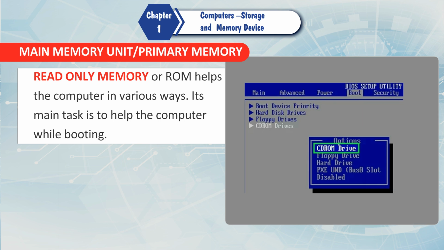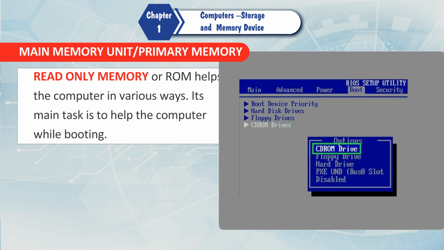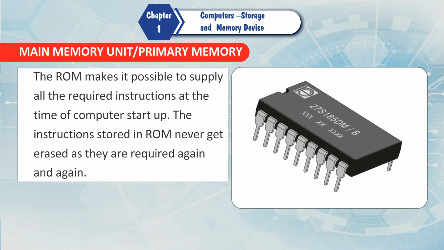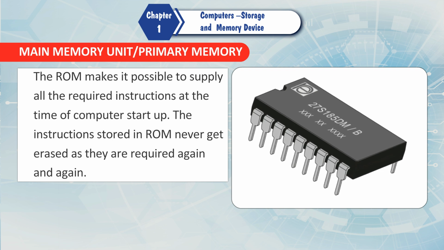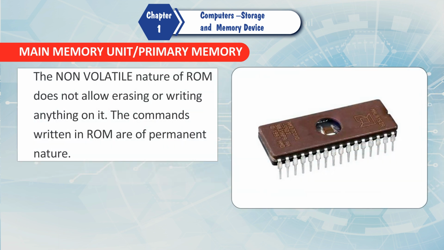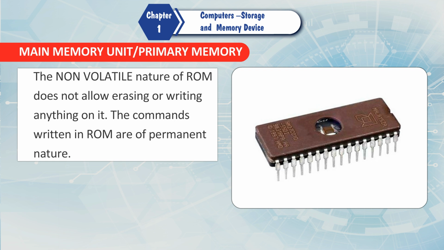RAM, ROM. Read-only memory or ROM helps the computer in various ways. Its main task is to help the computer while booting. The ROM makes it possible to supply all the required instructions at the time of computer startup. The instructions stored in ROM never get erased as they are required again and again. The non-volatile nature of ROM does not allow erasing or writing anything on it.